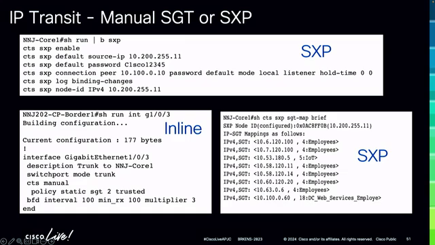That means when you do CTS manual on the physical interface, it enables support for SGT tagging or propagation. And on top of that, I'm creating a TrustSec domain by saying policy static SGT 2 trusted. That means if any tagged traffic hits this interface, please honor, or trust, that tag. Don't override that tag. And if something hits which is not tagged, then go ahead and mark it with SGT 2, because SGT 2 is reserved for infrastructure purposes, and you don't want unknown traffic flying by in your network. So we are going to tag it with SGT 2.